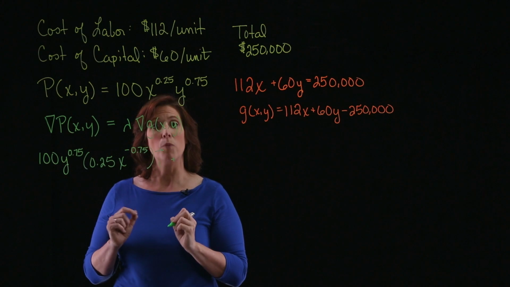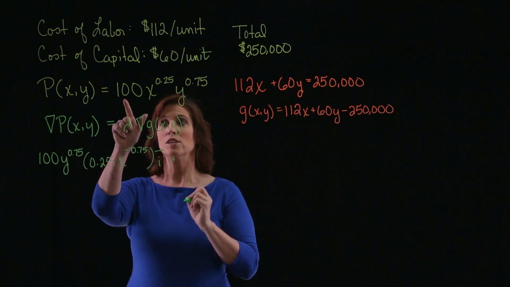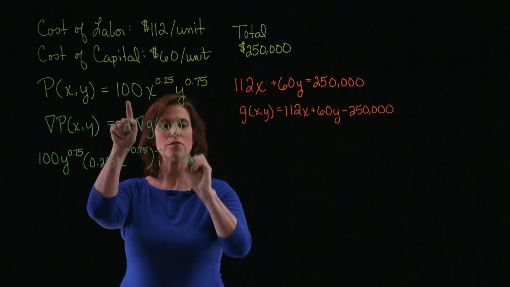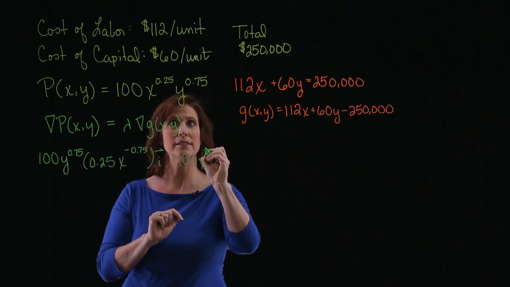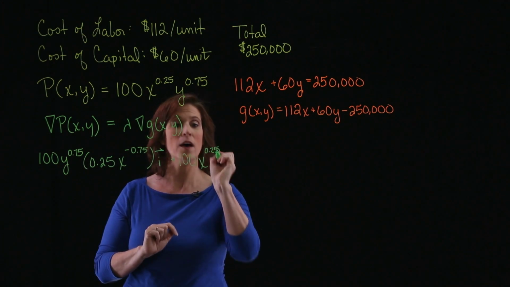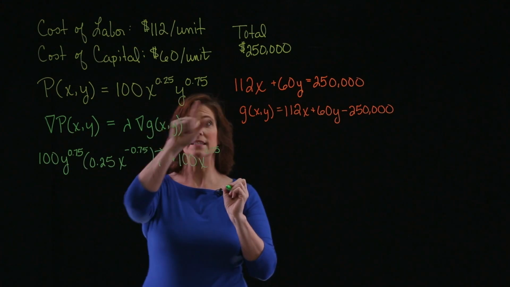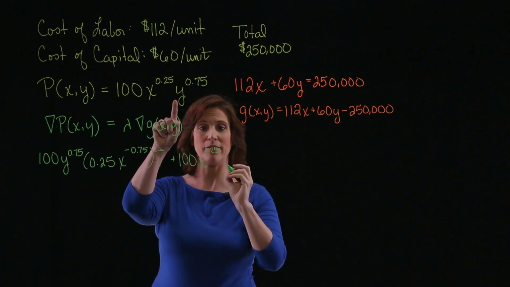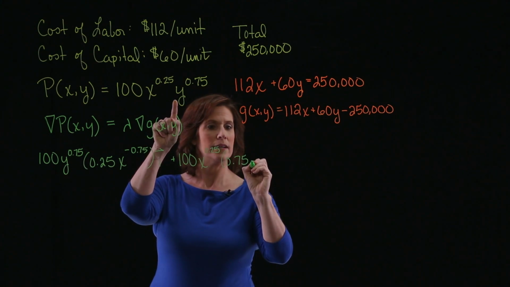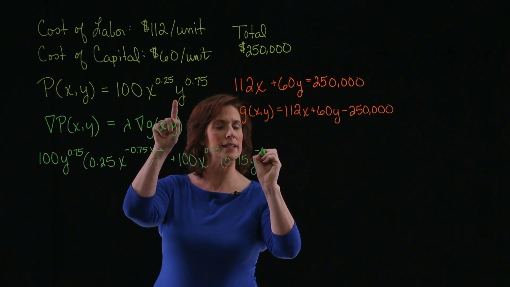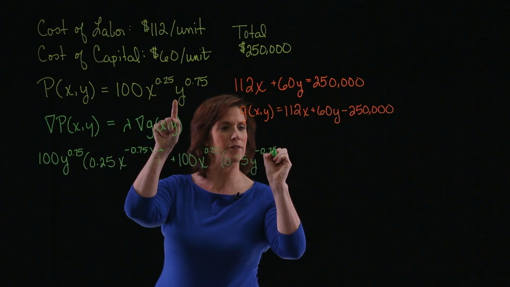Next, I want to take the partial with respect to Y. So I'm going to treat the 100 and the X as a constant. So 100 X to the 0.25 will be a constant. And I need to differentiate Y to the 0.75 power, which is going to be 0.75 times Y to the minus 0.25.